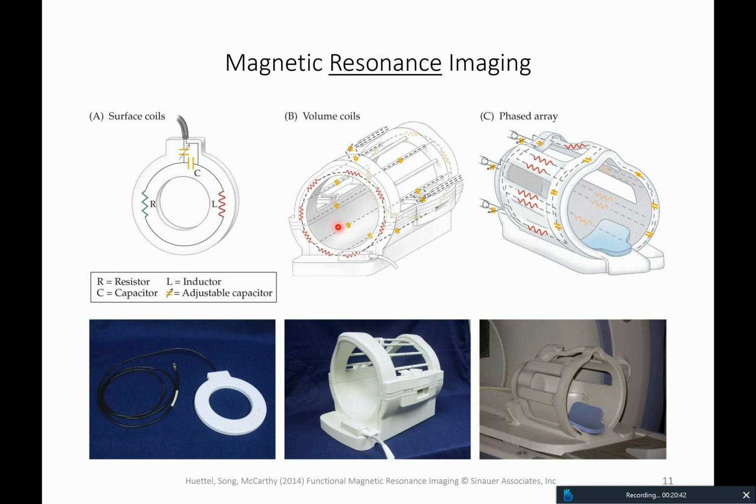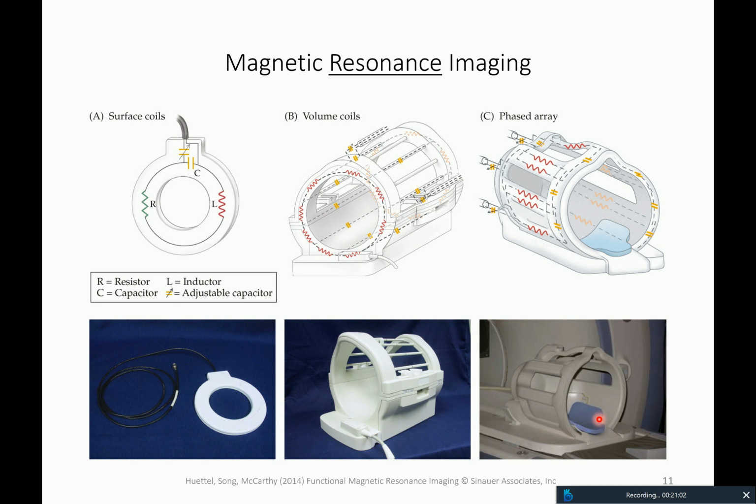Volume coils or birdcage coils are a little bit more old school. The typical coils used these days look like this and are called phased array coils.